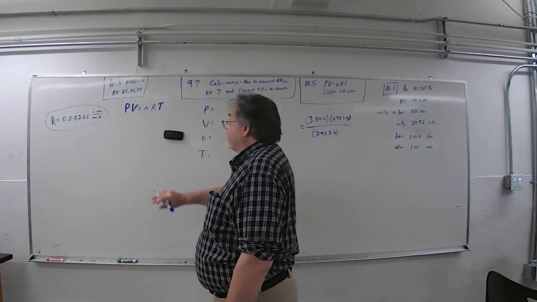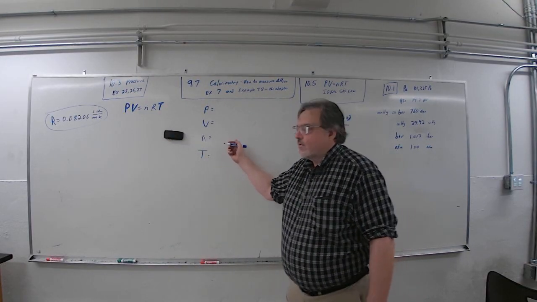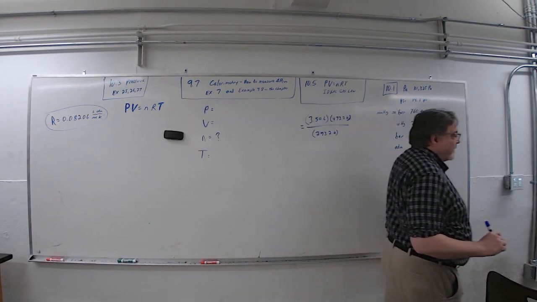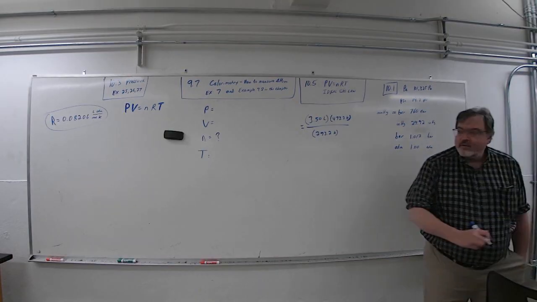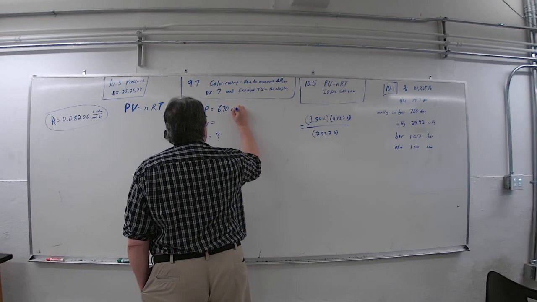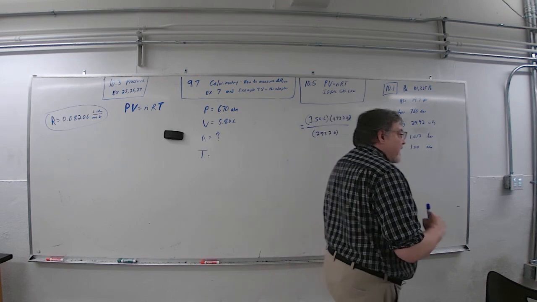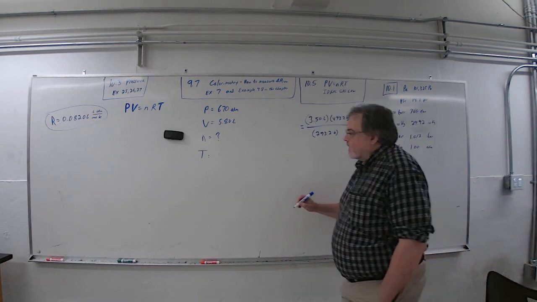So, it's asking for the number of moles. In some sense, this is the easier type. So 7.6 atmospheres, 5.80 liters. And the temperature after converting is 329.2 Kelvin.